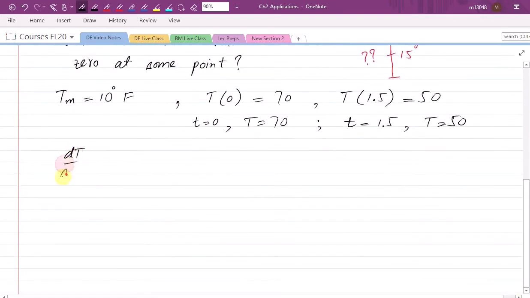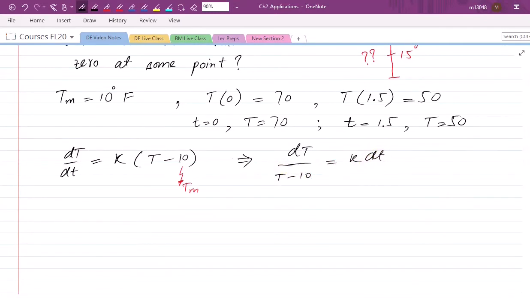dT over dt equals k times T minus 10. The value Tm I have put already. This is a separable equation, so very easy to solve. dT over T minus 10 equals k dt.